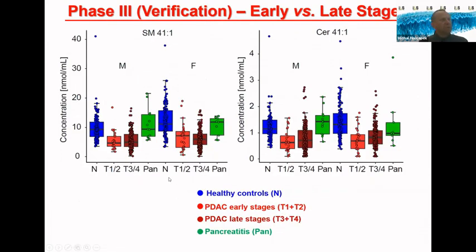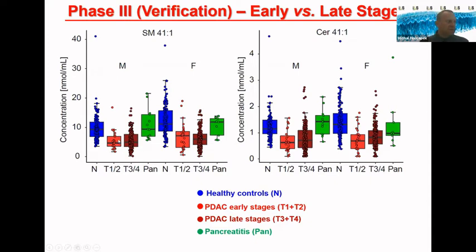The question of one reviewer in Nature Communications was whether we can really prove the claim that it works well for early stages as well. You may see that we don't have so many samples for pancreatic cancer with stage 1 or stage 2, but we have prepared these separate box plots.